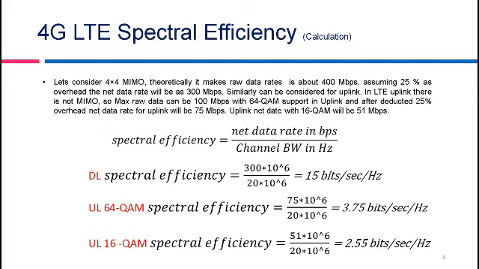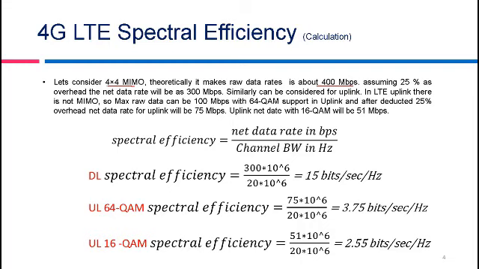After getting hands-on with the spectral efficiency formula, we can go ahead and calculate the spectral efficiency for a 4G LTE network. Here I'm considering a 4x4 MIMO system, and theoretically the raw data rate for a 4x4 MIMO system is about 400 Mbps.